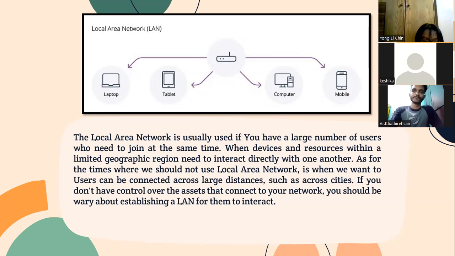We should not use a LAN when we want users to be connected across large distances, such as across cities. If you don't have control over the access to your network, you should be worried about establishing a LAN for them to interact.